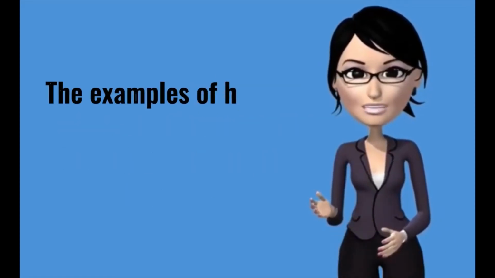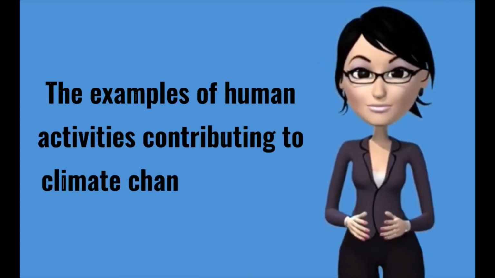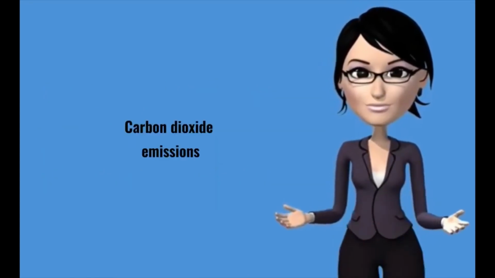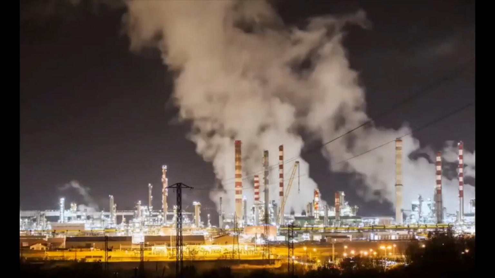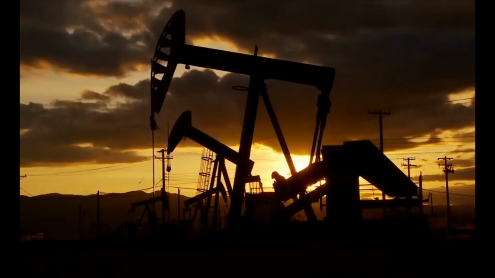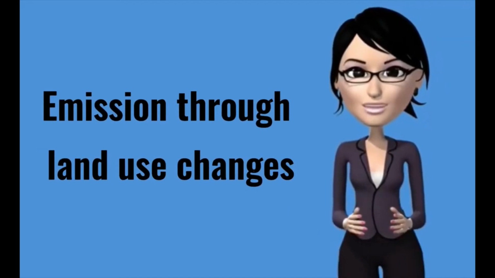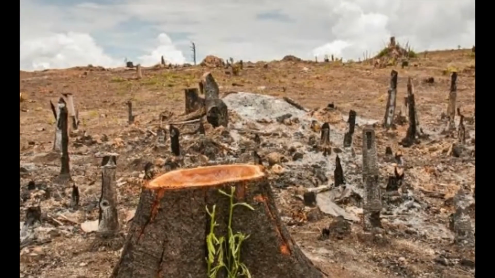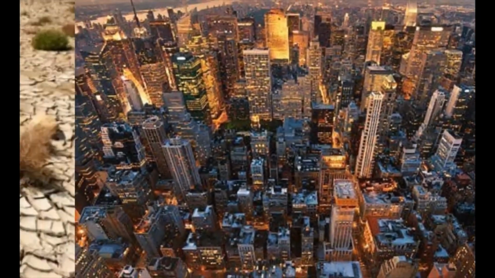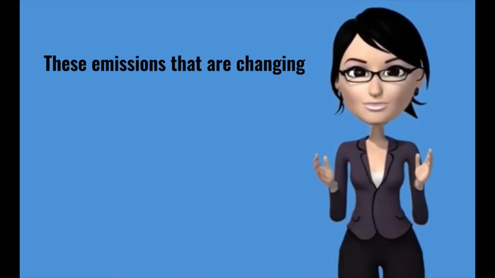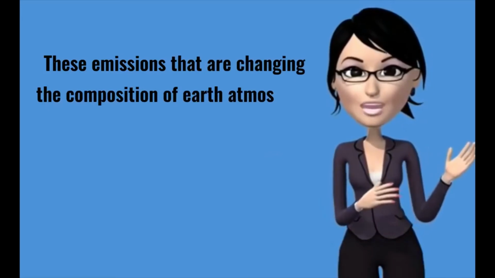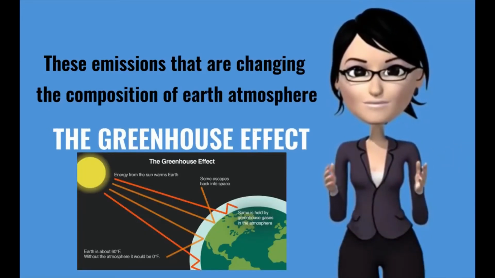Examples of human activities contributing to climate change include carbon dioxide emissions through burning fossil fuels such as coal, oil, and gas, and emissions through land use changes such as deforestation, urbanization, and desertification. These emissions that are changing the composition of Earth's atmosphere are termed the greenhouse effect.